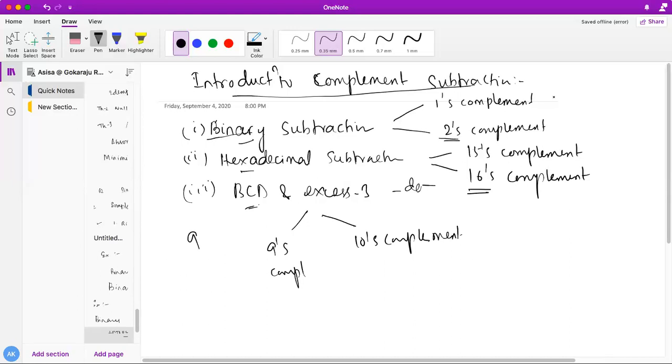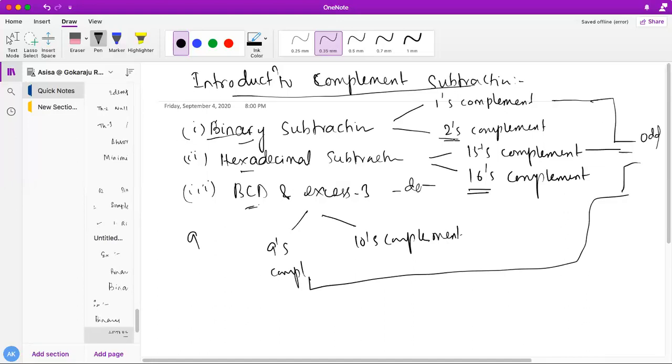So out of all these complement techniques, you can see there are 3 odd complement techniques: 1s, 15s and 9s. These are all odd complement techniques. And 2s, 16s and 10s, these are all called even complement techniques.